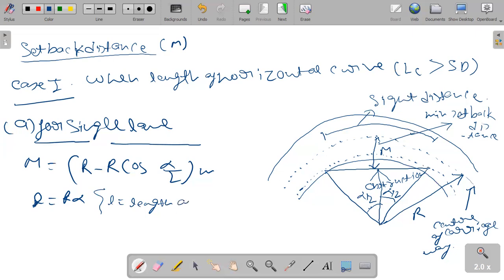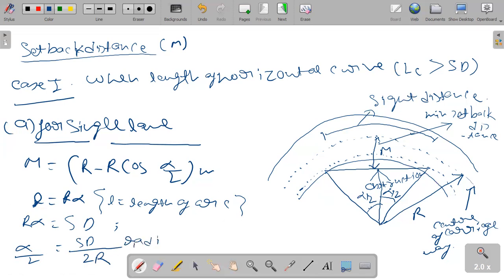So L is the length of arc, and basically R alpha is the sight distance.